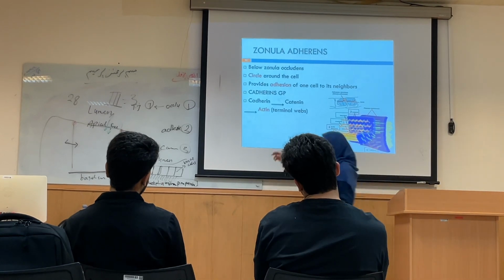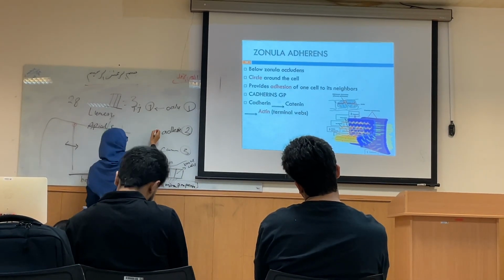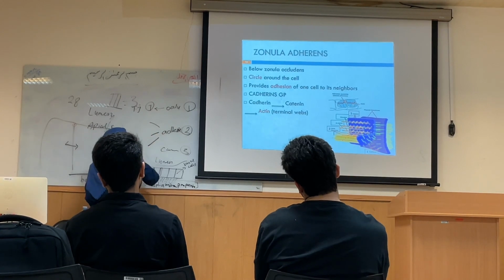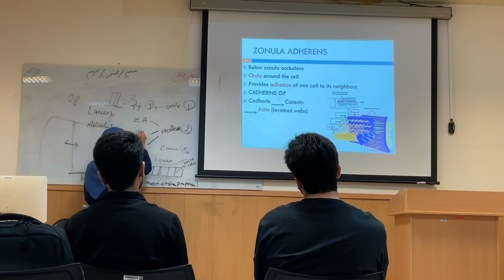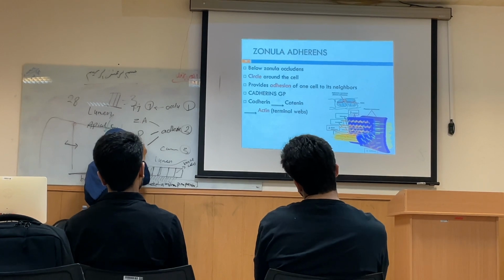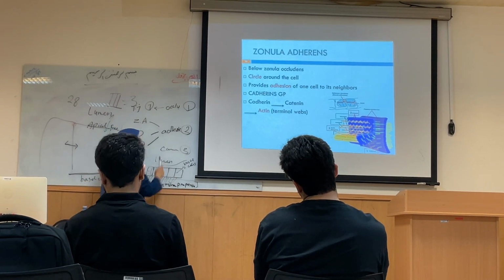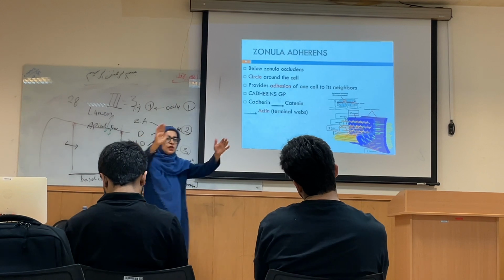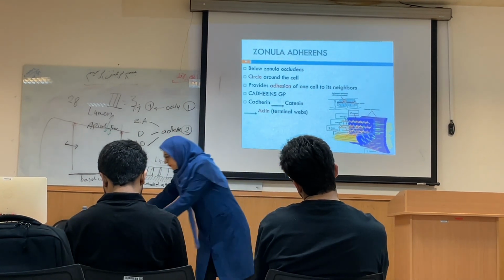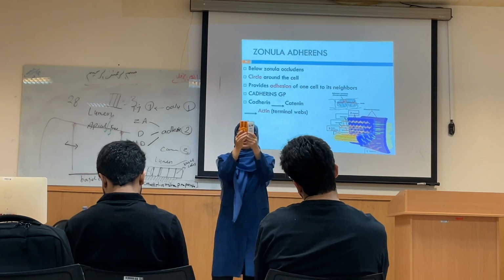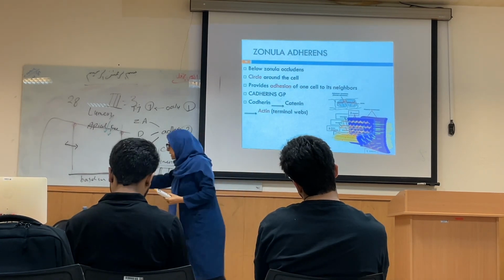The adhesion junction has three types: zonula adherens, desmosome, and hemidesmosome. All of these adherent junctions are for the attachment of cells together and also of the cell to the basement membrane, to the basal surface.